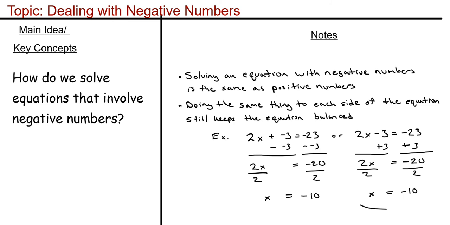Or if you're adding, big number minus little number gives you your answer, and then you use the sign of the big number. Or if both signs are the same, you add the numbers together and use whatever sign they have in common. So you need to remember those rules. Those aren't going to change.